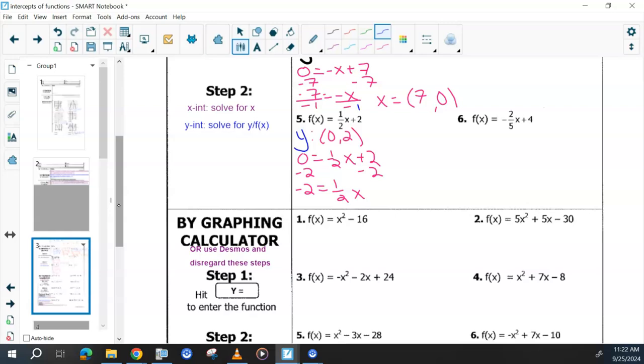I'm going to take it, flip it, and multiply on both sides. So when I do that, the 1/2 and the 2 cancel. This would give me -4. How would I write that as my ordered pair?